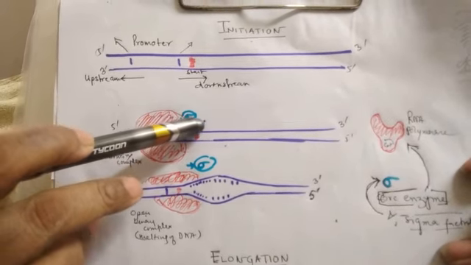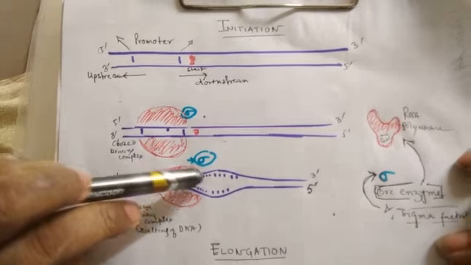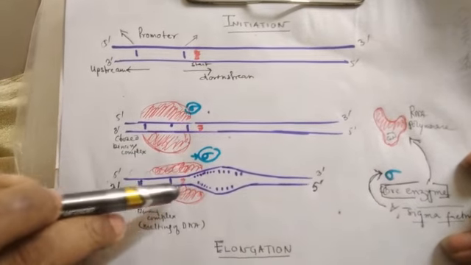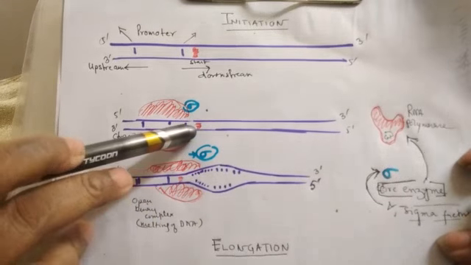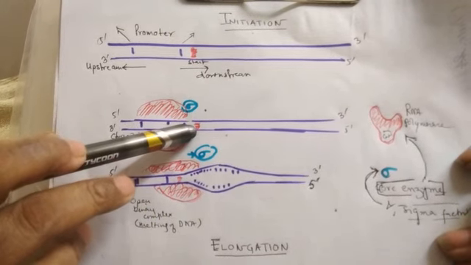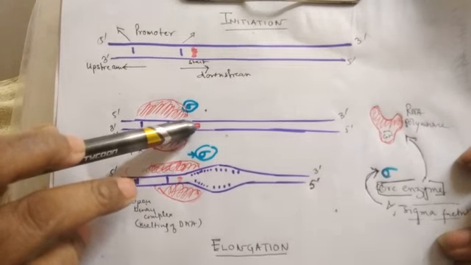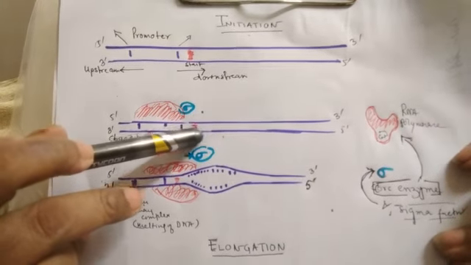Now this RNA polymerase starts extending itself and reaches the start signal. When it reaches the start signal, it starts melting the DNA.